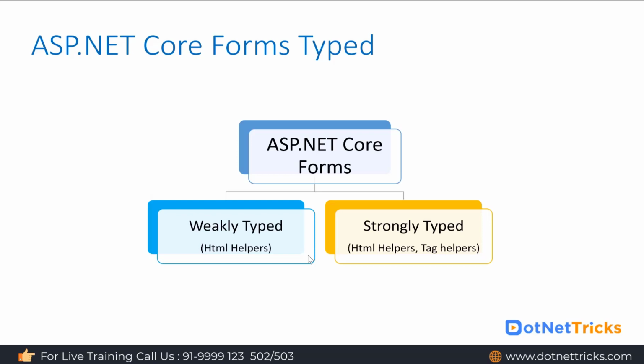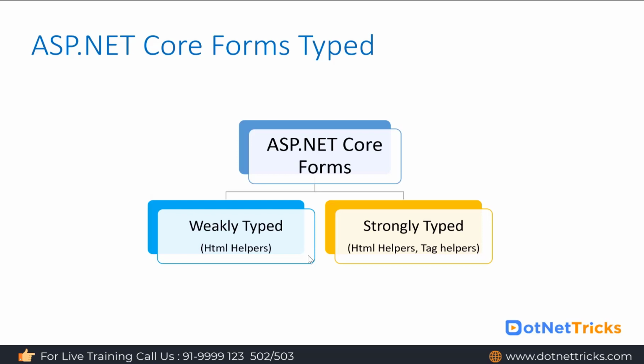The second one is the strongly typed form. Strongly typed forms you can create with the help of HTML helpers as well as tag helpers. In HTML, we have the strongly typed helpers, which are used to create the strongly typed forms. And in ASP.NET Core, the recommended practice is you should use the tag helpers, because tag helpers are pretty easy to understand when we are writing our HTML markup.